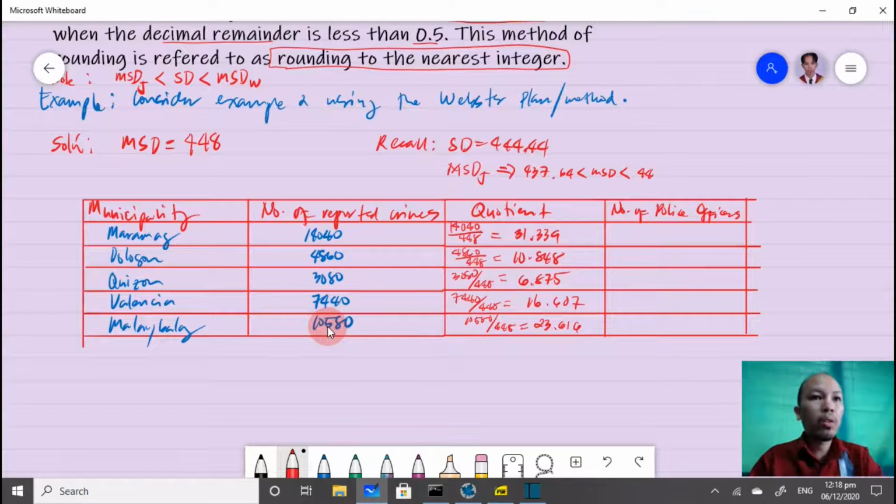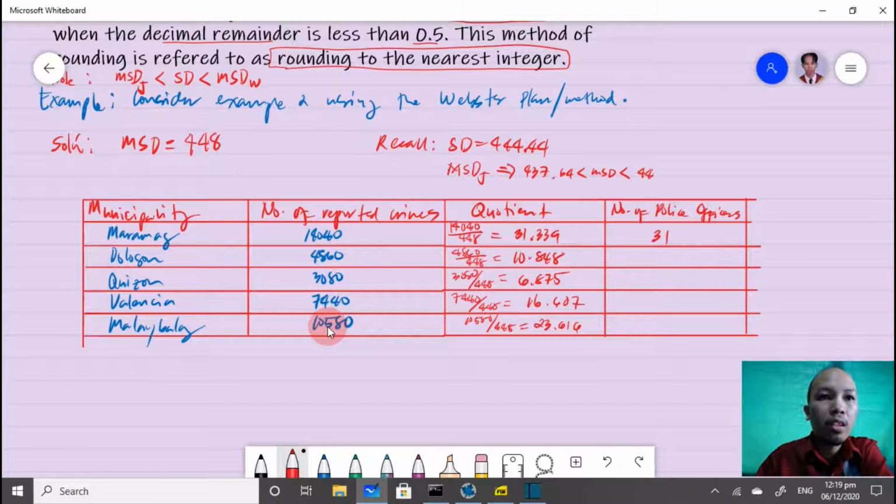So what we are going to do now is look at the decimal remainder. If it is greater than or equal to 0.5, we will round up, and if it is less than 0.5, we round down. So here we have .339, which is less than 0.5, so this is 31.